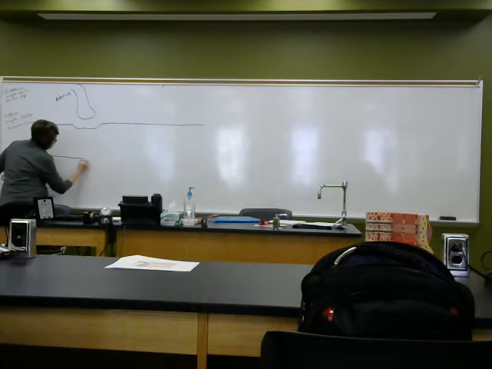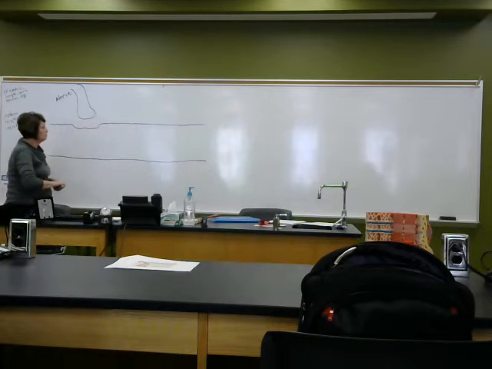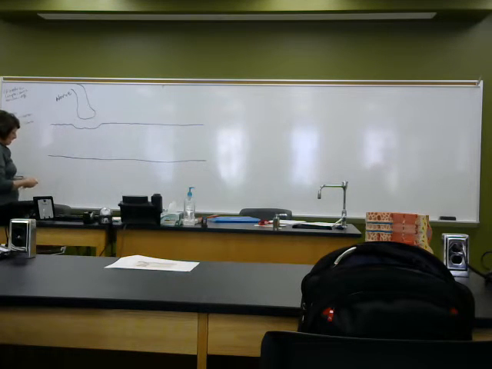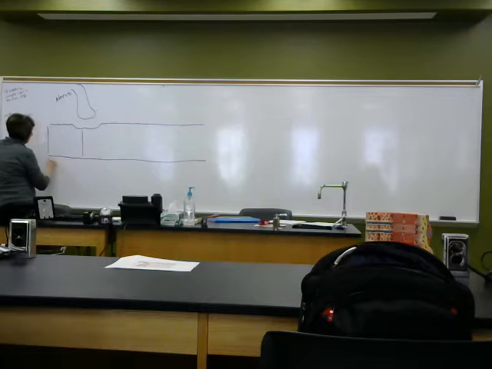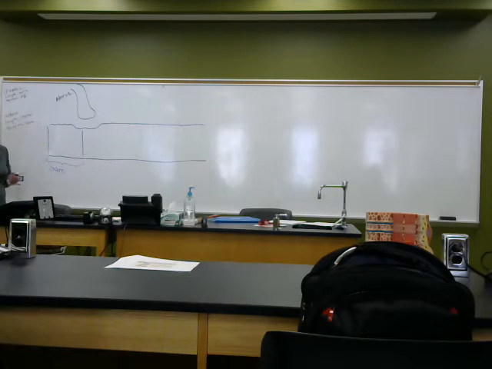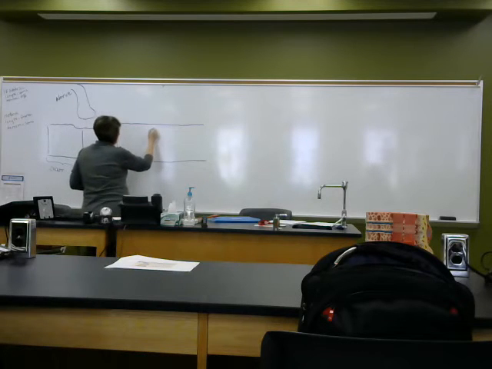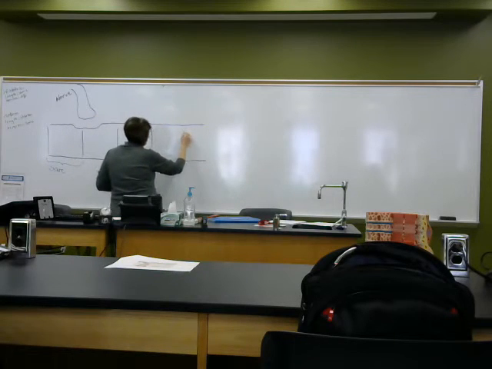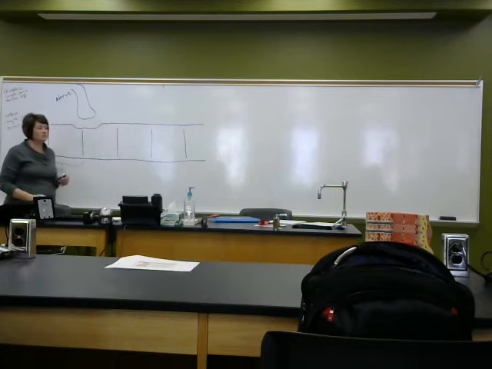So, if I have this one long cell, one long fiber, what I'm going to find is that it's going to be made up of sarcomeres. This sarcomere goes all the way down the muscle, keeps going for the length of the muscle.